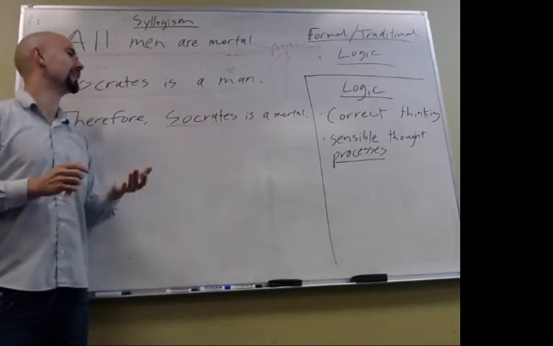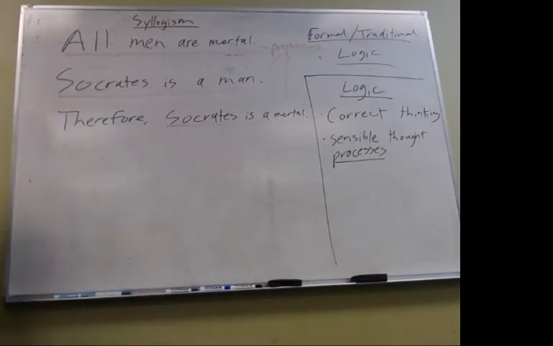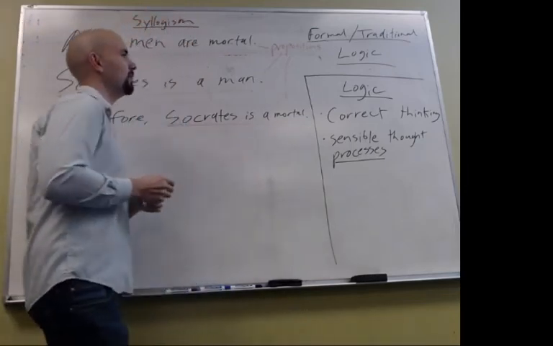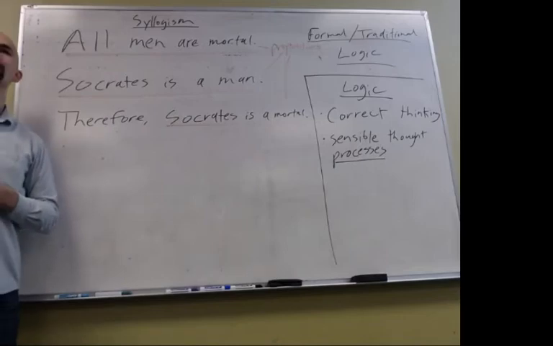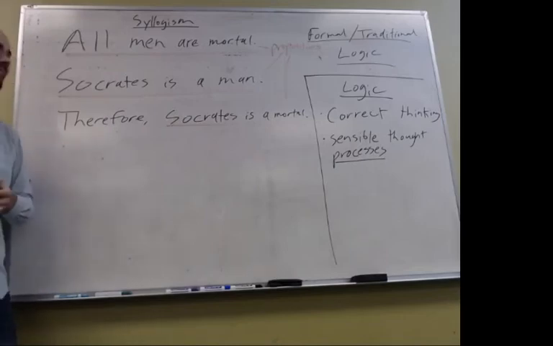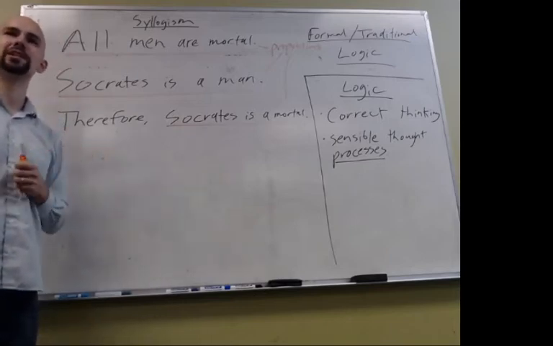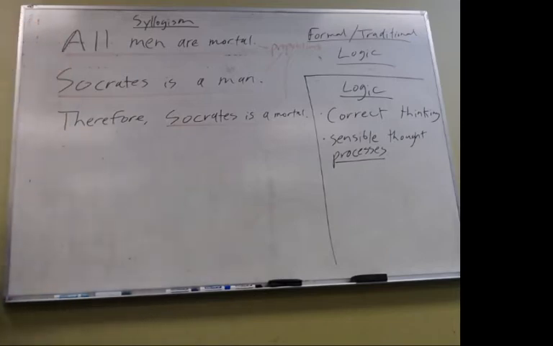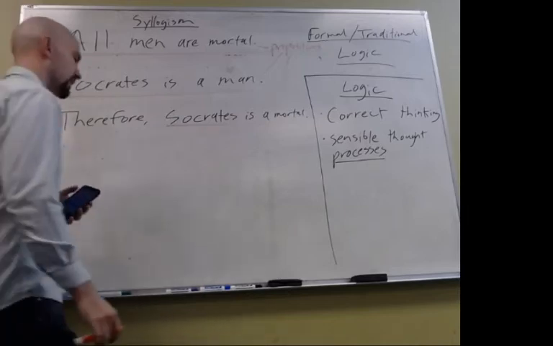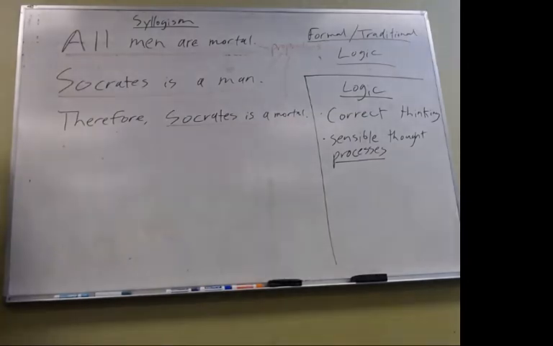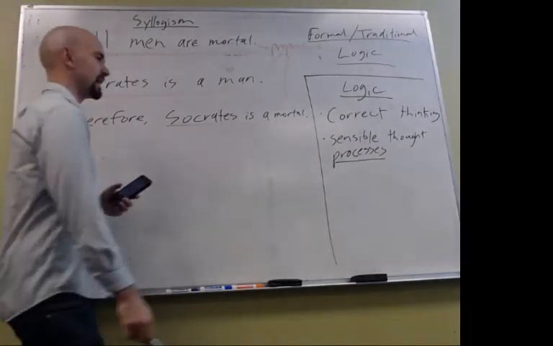No, unless you're talking about the immortality of the soul, but we're not really going there. So that would be an incorrect statement, but would it be logically set up? Would it have the right form? Yes, it would. So when you're dealing with formal or traditional logic, you're focusing not so much on whether your statements are true, as on whether you set it up right. Did you use the correct process?